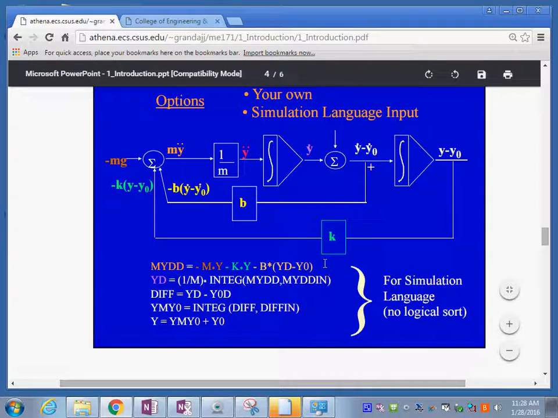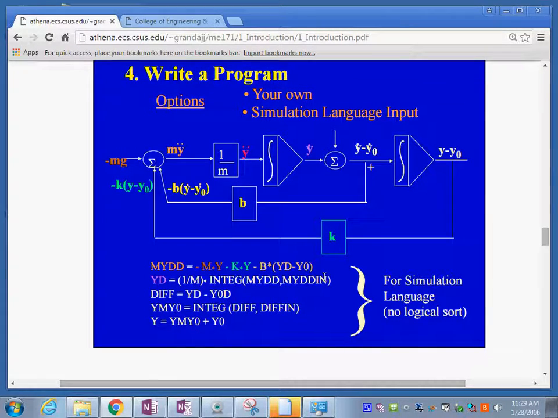Nevertheless, all this block diagram method is together with this representation in the graphical form and with the solution in the code form. It can't go the other way.